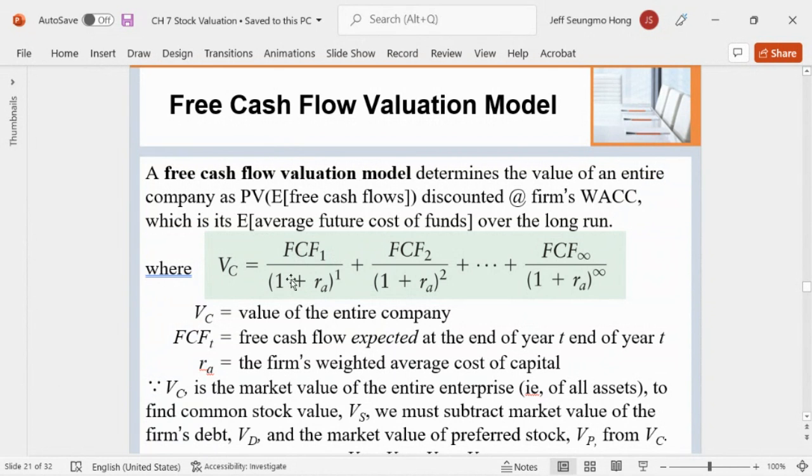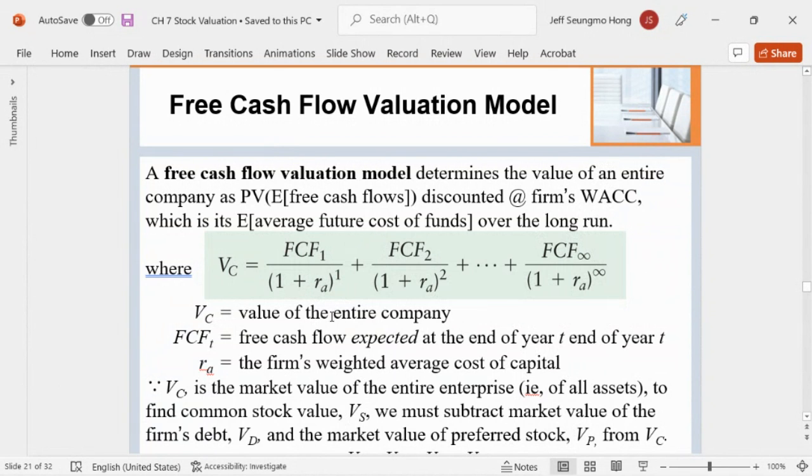All financial assets' value is derived from their expected future cash flow. So free cash flow at the end of year 1, 2, 3, and to the infinite future, which will drop out close to zero, discounted by some discount rate.